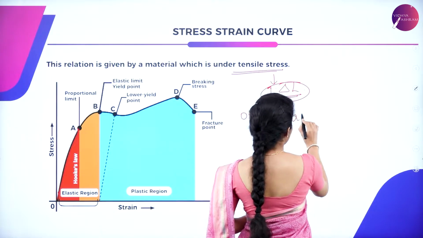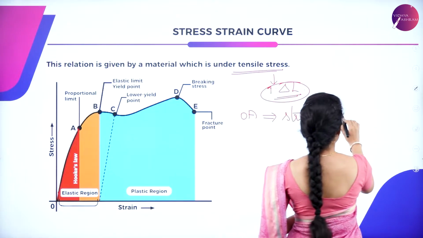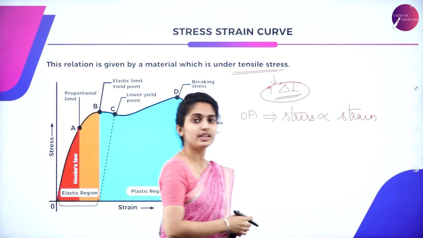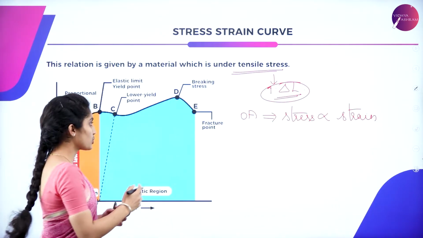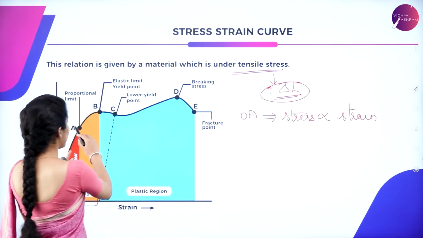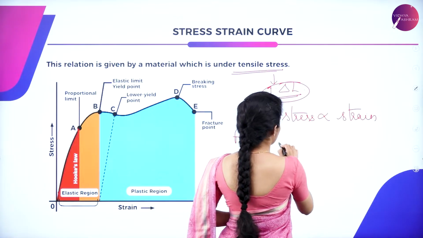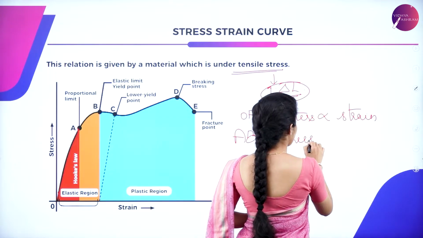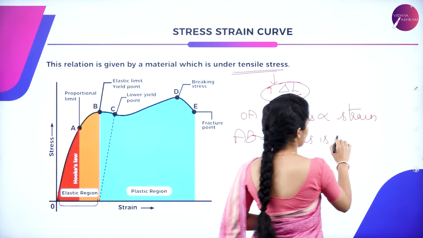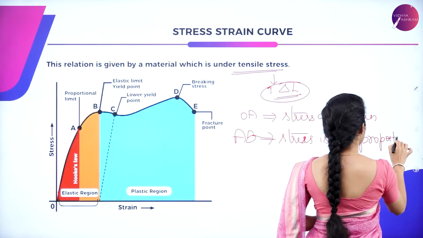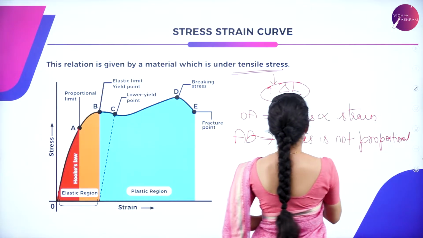In OA, the stress is proportional to strain. In the OA part, what can you say? The stress is proportional to strain. From A to B, it is not proportional. The stress is not proportional to strain.